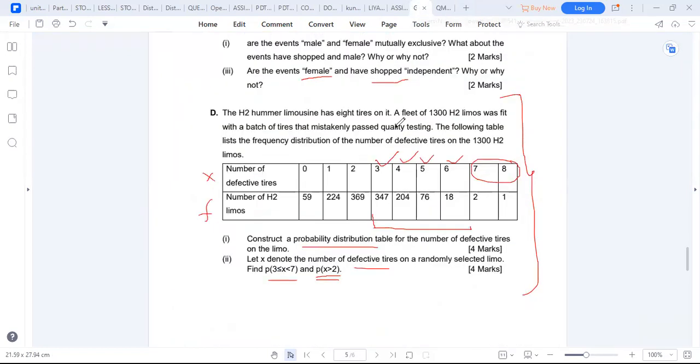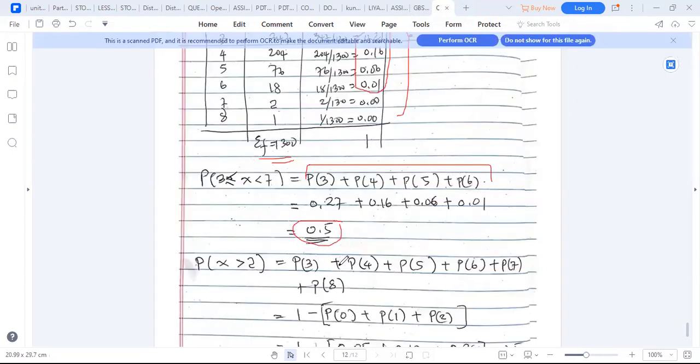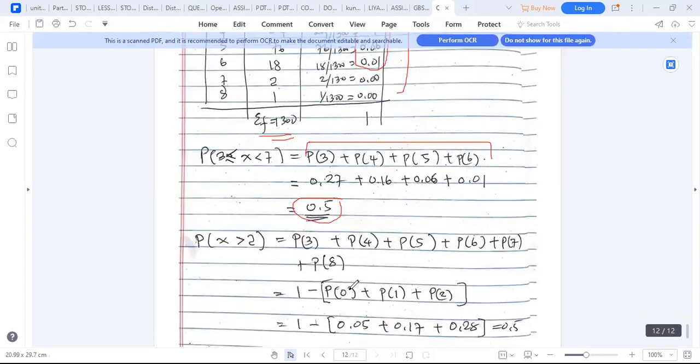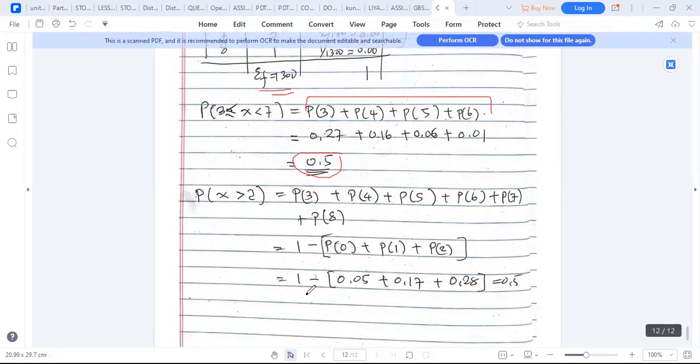Alternatively, you could have said 1 minus the ones that are not wanted: 0, 1, 2. You subtract from 1 the total of these three to get the same answer. So 1 minus probability of 0, probability of 1, probability of 2. When you add all these, you get 50% as well. So 0.5 is the answer that we got in this instance.